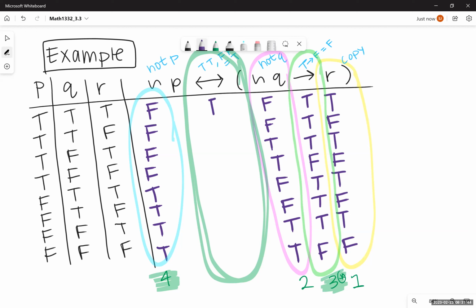Now I'm doing F, if and only if T, that's a false. F, if and only if T, that's a false. F, if and only if F, they're both doubles, so you get a true. True, if and only if true is a true. This fifth thing, this is the actual answer right there.